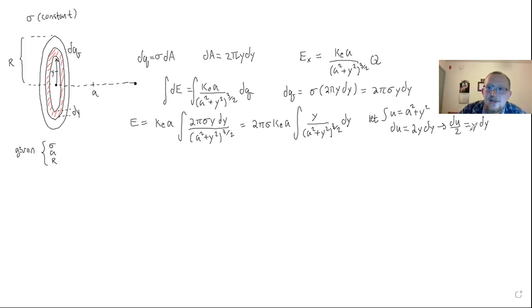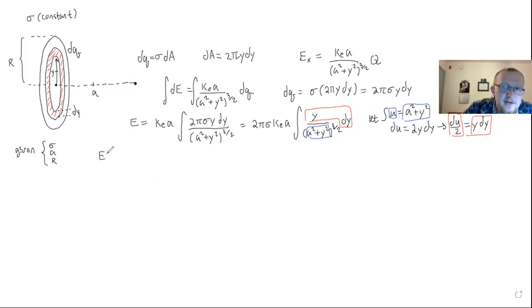Now we have a match. Wherever there's a y dy, we can substitute du over 2 because they're equivalent, and wherever there's a squared plus y squared, we can substitute u. The u substitution has done good work here. It's going to make this integral a lot easier to solve.